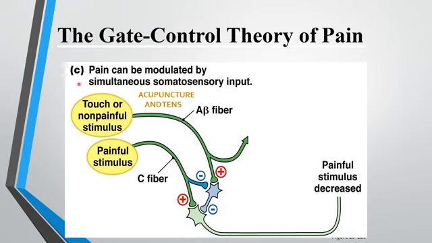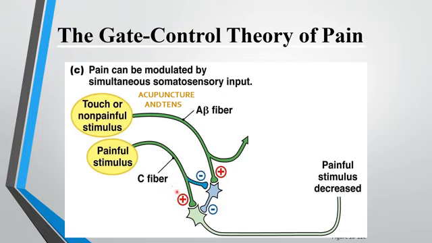So this strong pain sensation can be modulated by simultaneous somatosensory input, that is touch and other non-painful input, such as pressure and crude touch. So their pathways, the dorsal column fibers, are also activated. Those are A beta fibers, and the C fiber carries the painful stimulus.